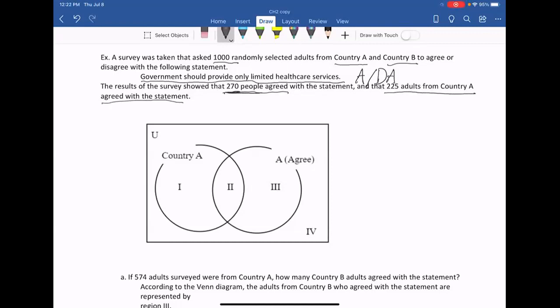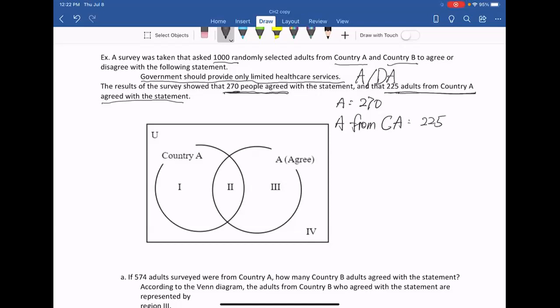So in total we have 270 people agreed, and in these 270, we have 225 adults agreed from country A. I use CA to represent country A. CA is 225.